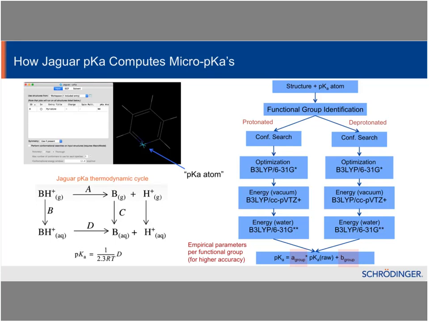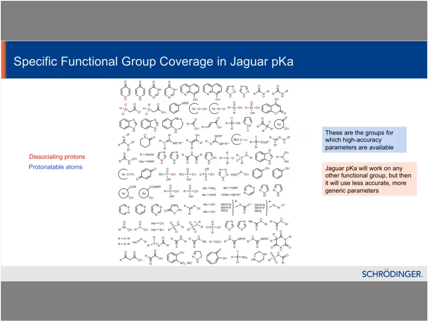So we need these parameters for higher accuracy. And what's actually good about these parameters is that observations show that for specific functional groups, let's say amines or phenols, the errors that we are making in this thermodynamic cycle are systematic. So for different functional groups, we can develop different parameters.